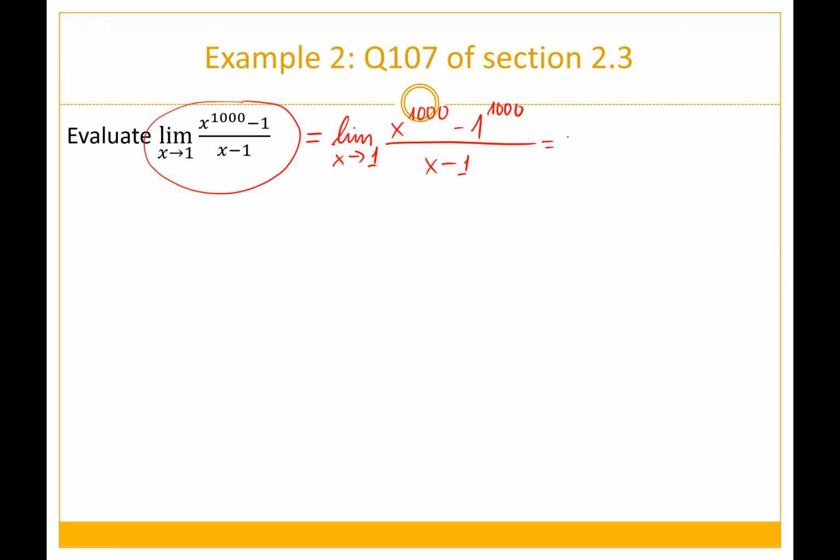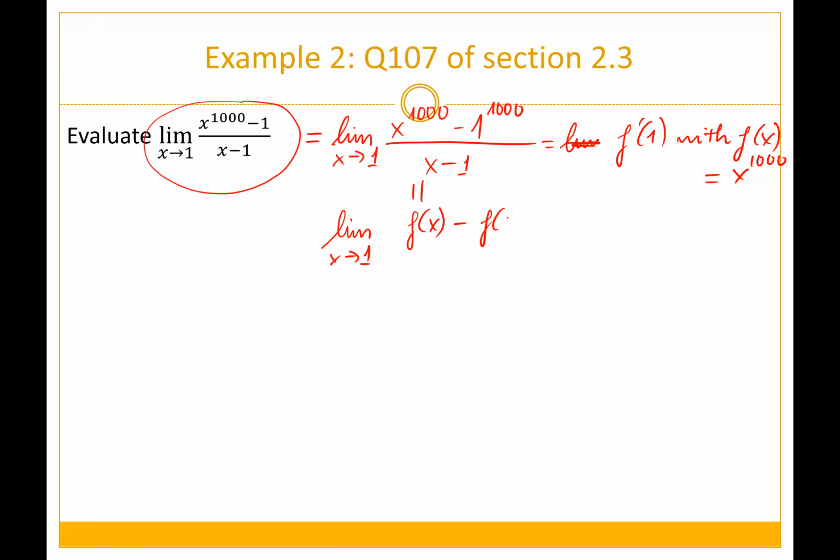This one, by definition, is going to equal f prime of 1 with f(x) equal to x to the 1000. So clearly, from here you can see that it is equal to the limit of x approaching 1 of f(x) minus f(1) over x minus 1. So this is by definition equal to this one.